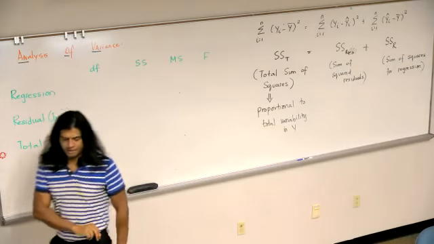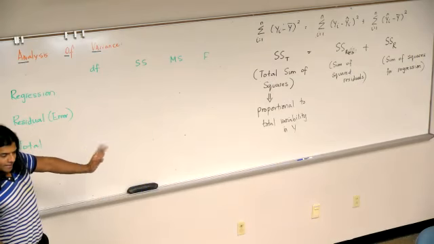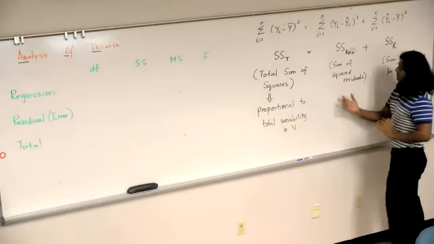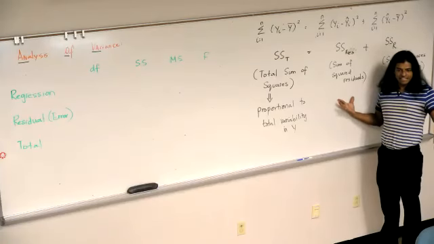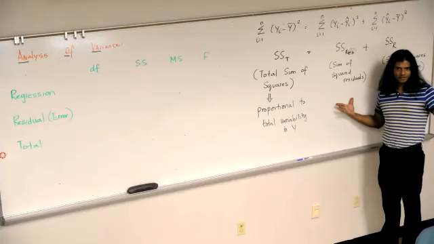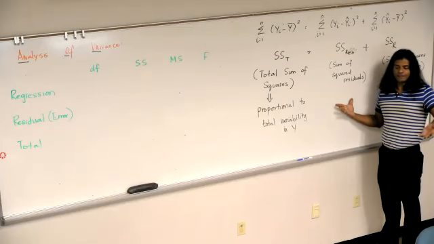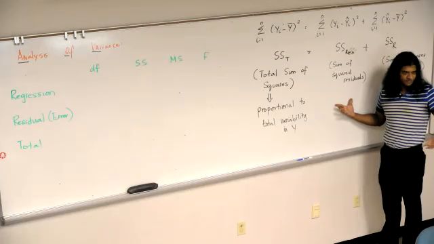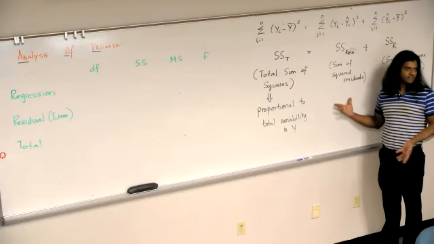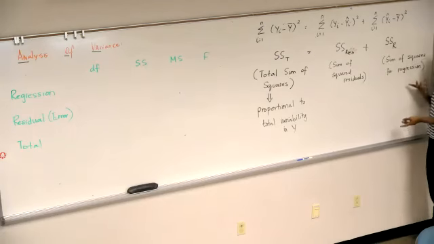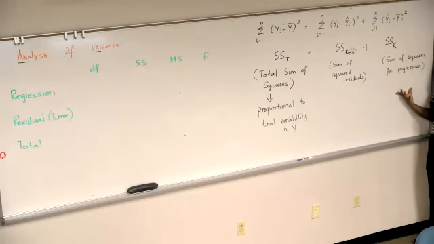Later on, when I get to R squared, I will write this again. This part is what we call unexplained variation. Things that you cannot explain. What makes something random? Well, noise. And can you explain noise in a deterministic sense? No. This part is something that I can't explain.